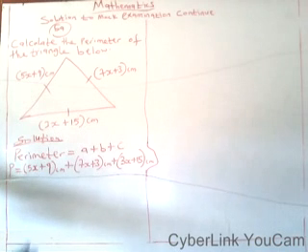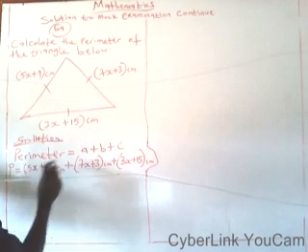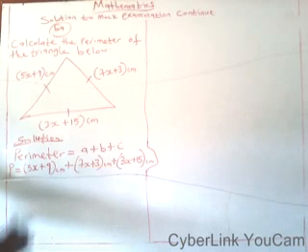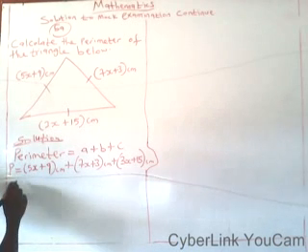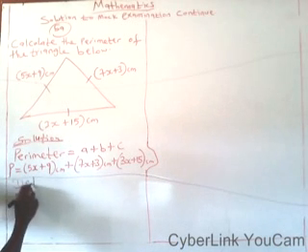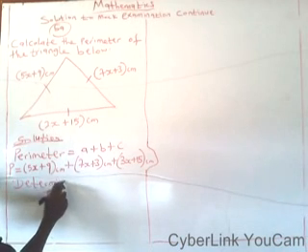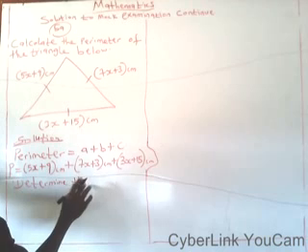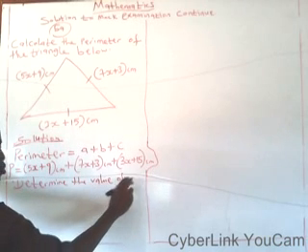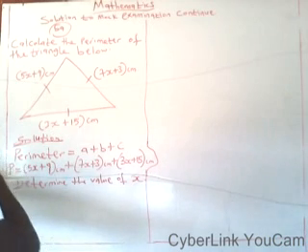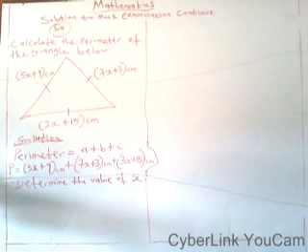Now, but we do not know the value for X. So in that case, that will take us to another step. That step is that we want to determine the value of X. How do we determine the value of X?